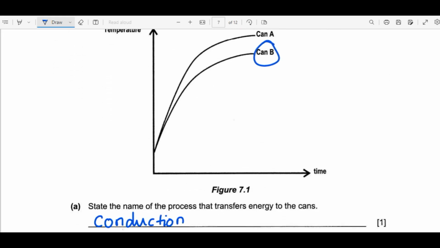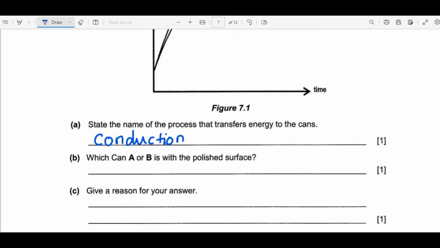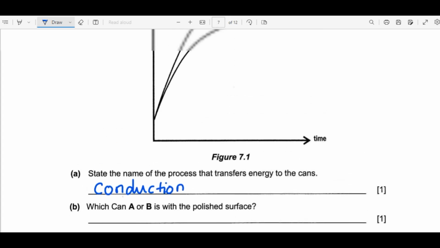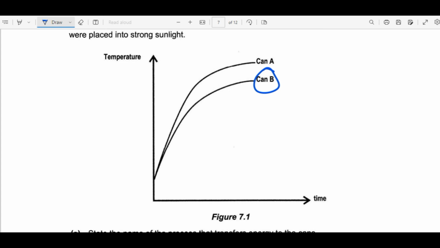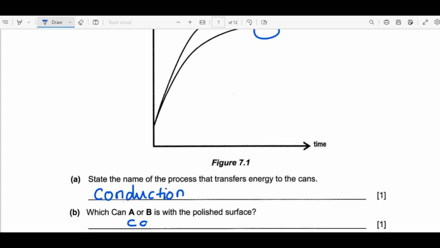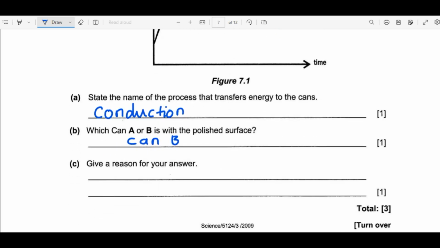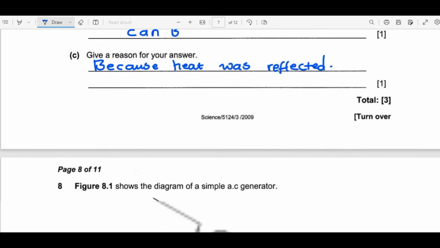This one did not absorb much, so it's can B. Why? Because heat was reflected, so it didn't absorb much because it was reflected.